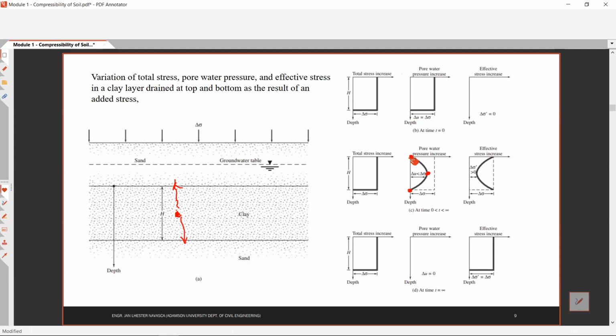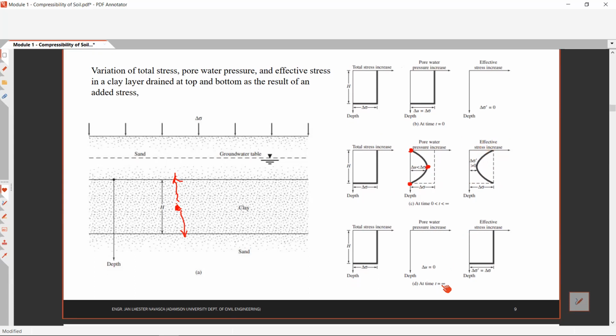So kung mapapansin nyo, kapag pinag-add natin to and ito, this is equal to this total stress. Then ito, pag pinag-add mo dito, is this one. Okay? So, ayan. Mapapansin natin that the total stress is equal to the pore water pressure plus the effective stress.